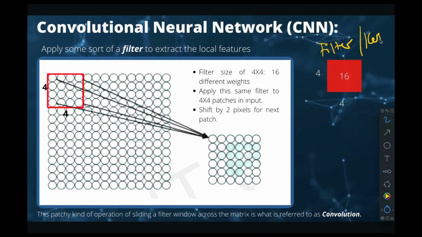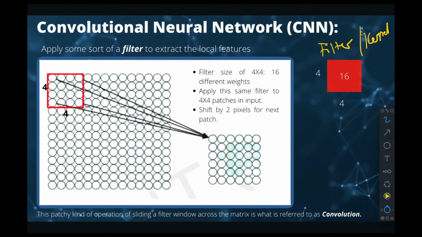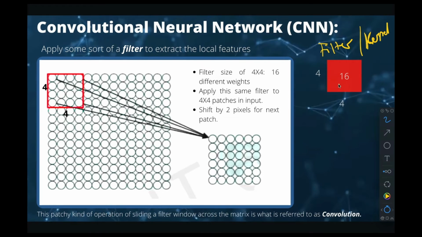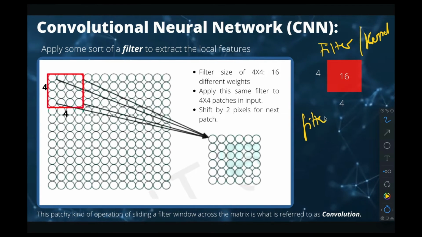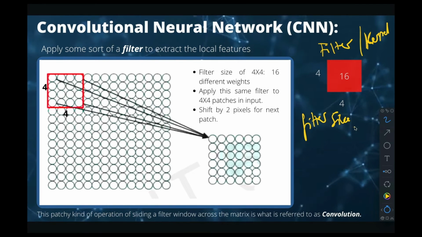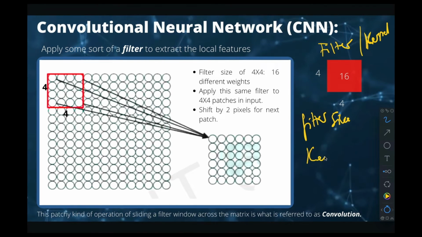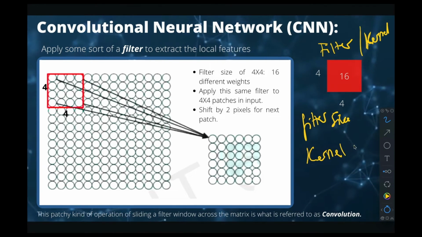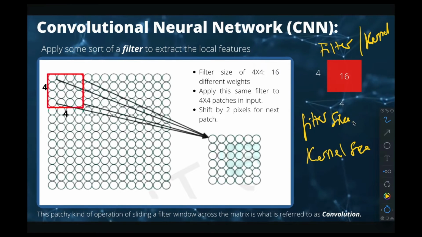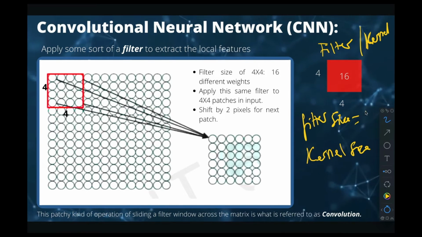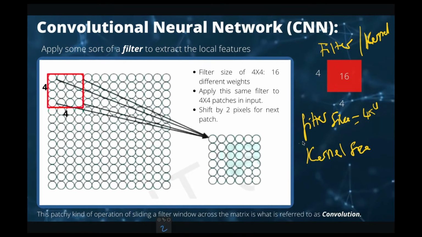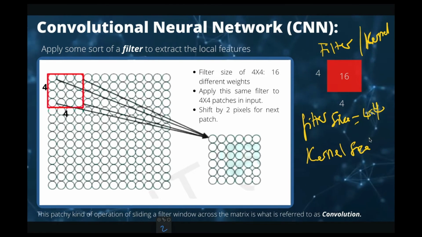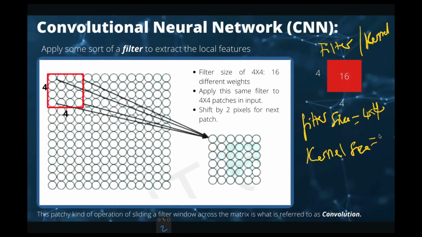If I specify the filter size or kernel size, you can call it filter size, or you can call it kernel size. Here we have specified it to be 4 cross 4, which is the same thing.